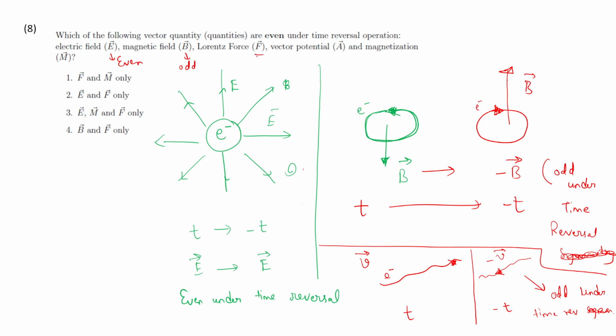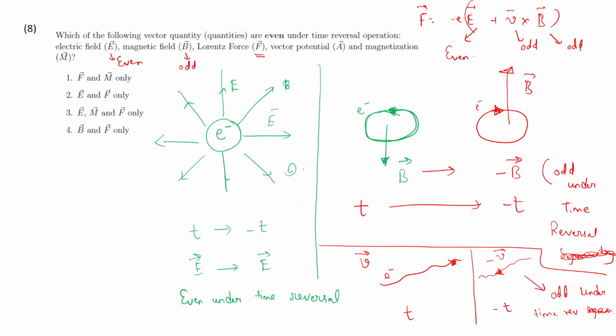So what about the Lorentz force? The Lorentz force F is given by E plus V cross B. Here E is even under time reversal symmetry, V is odd, and B is odd.